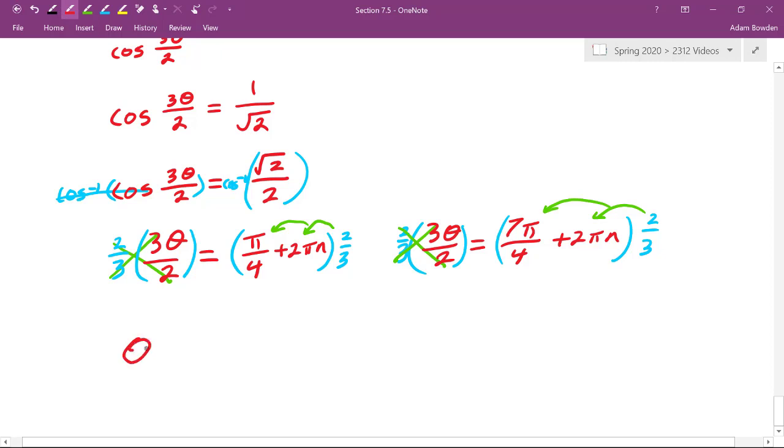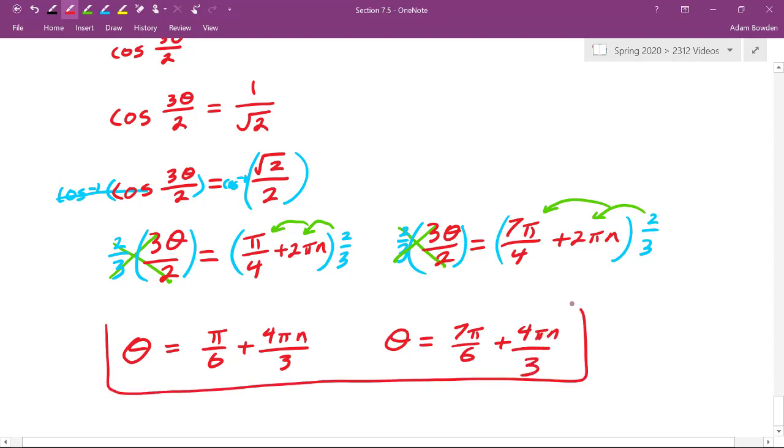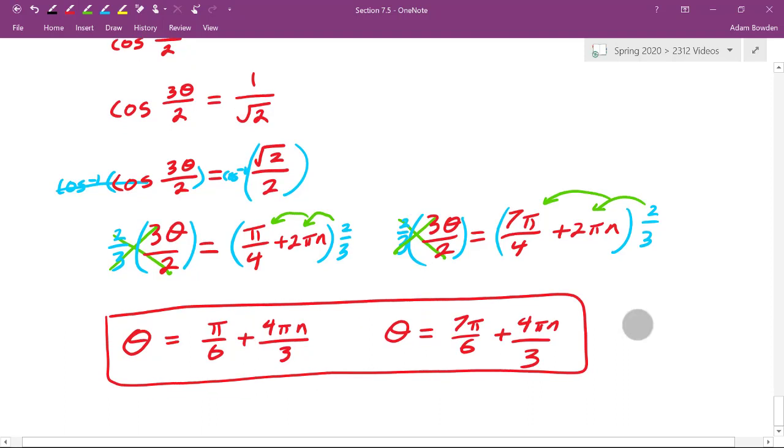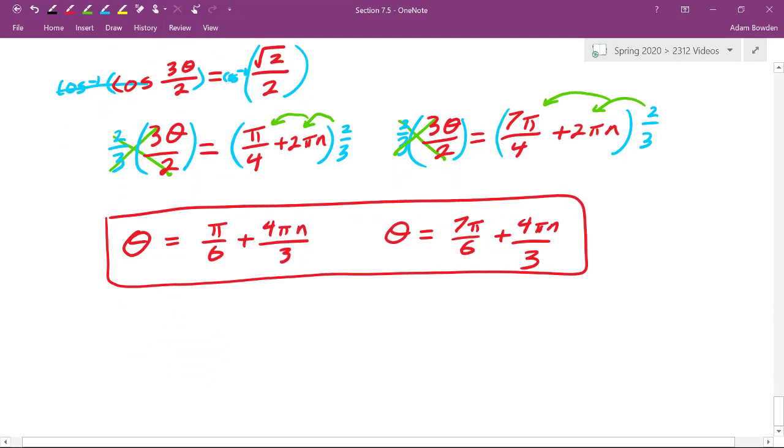So we're going to get theta is equal to pi over 6 plus 4 pi n over 3, and theta is equal to 7 pi over 6 plus 4 pi n over 3. This is going to represent all solutions to this equation.